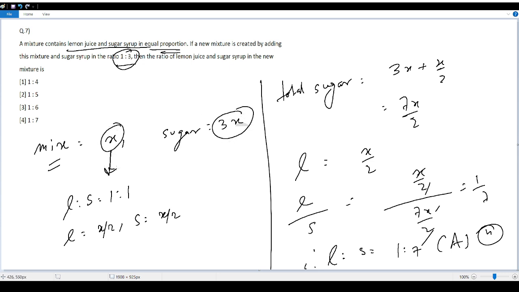In this x amount of mixture, lemon juice and sugar are present 1:1, so lemon is x by 2, sugar is x by 2, and sugar added is 3x. That means total sugar is 3x plus x by 2, which is 7x by 2, and lemon is x by 2. Just do the ratio, 1:7.